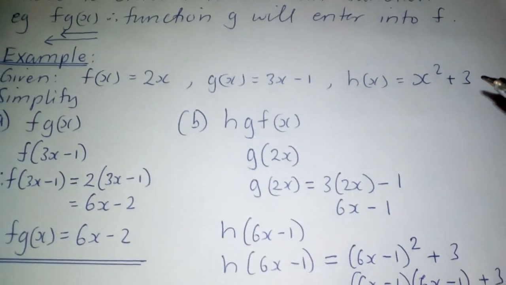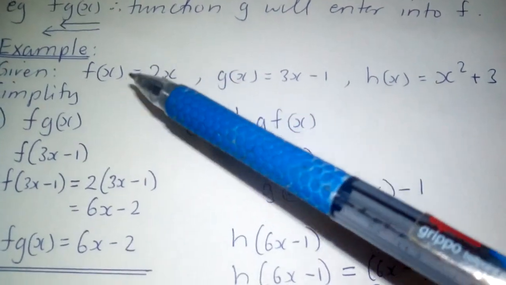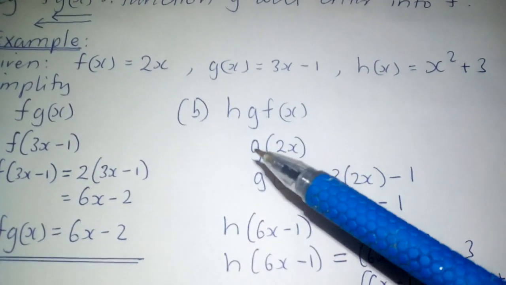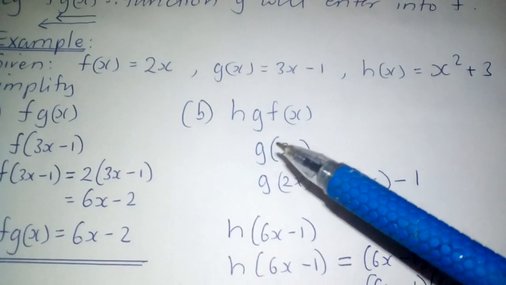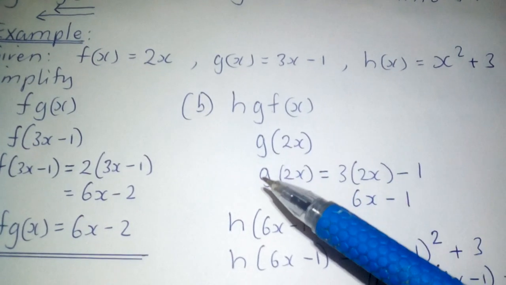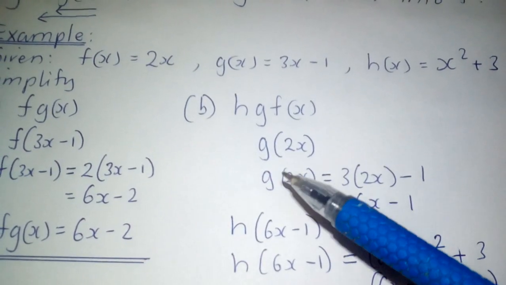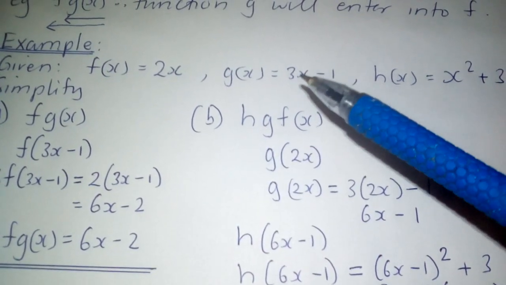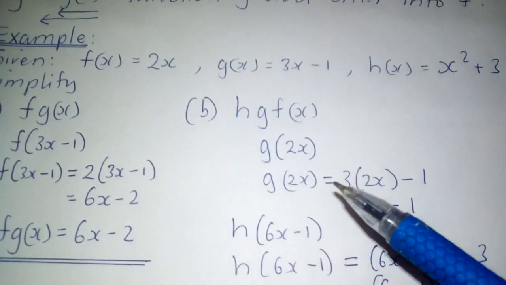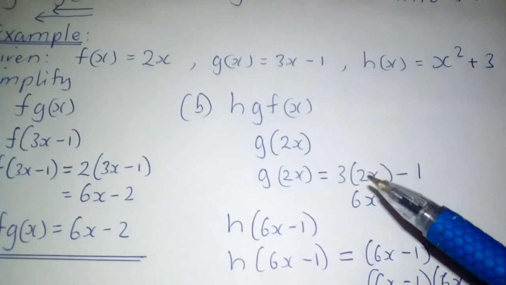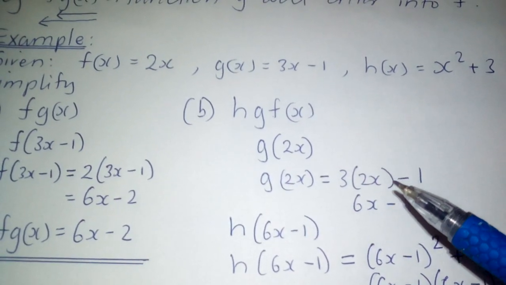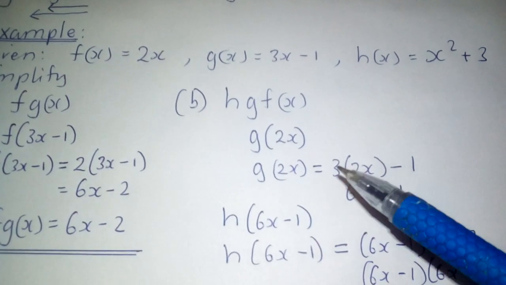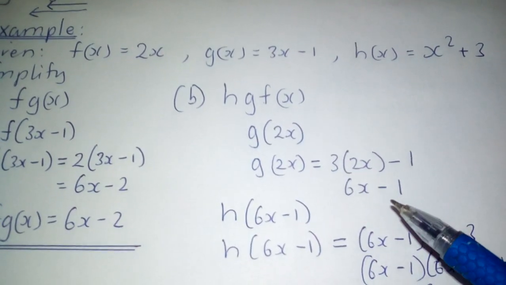So function of f, that is 2x, will enter inside of g, and I will get g of 2x. So if I have 2x on the place of x, this means on the function of g, the 2x will replace this x. And hence I will have 2x inside the bracket, then minus 1. When I simplify, I get 6x minus 1.